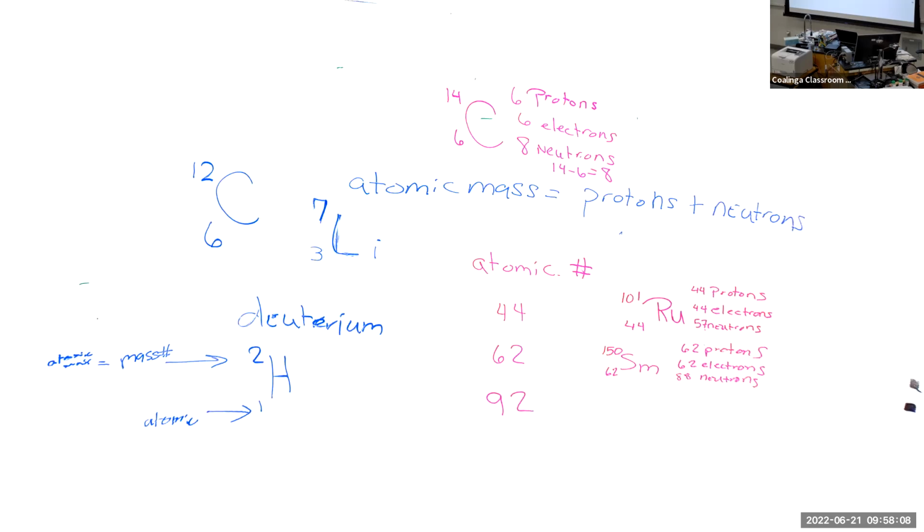Okay. The symbol for atomic number 92. Its mass number is 238. Number of protons, 92. Number of neutrons. Number of electrons, 92.